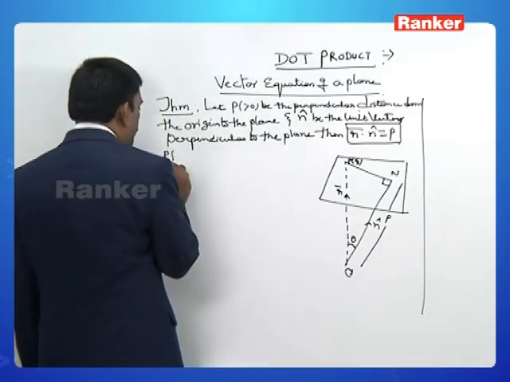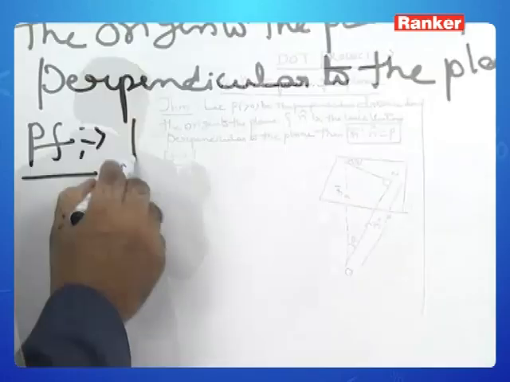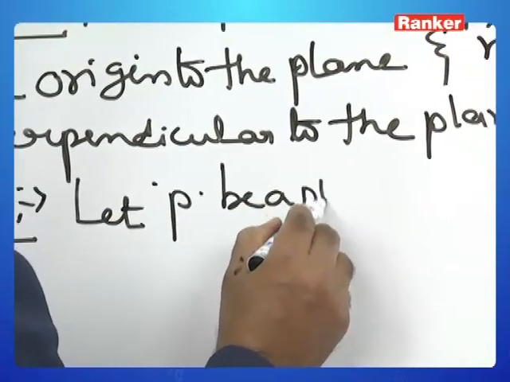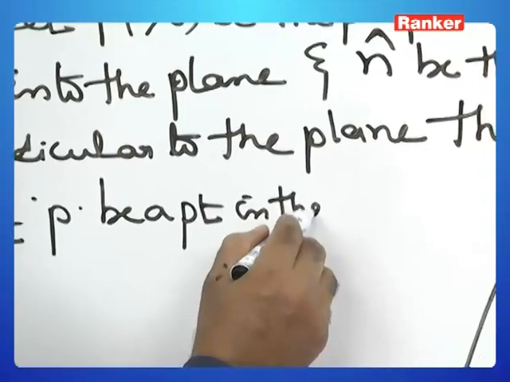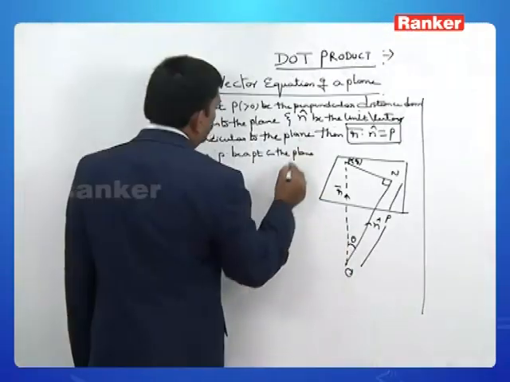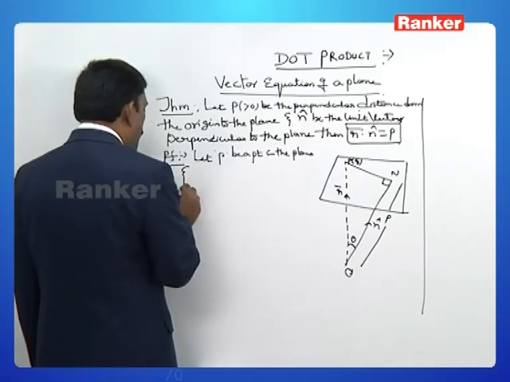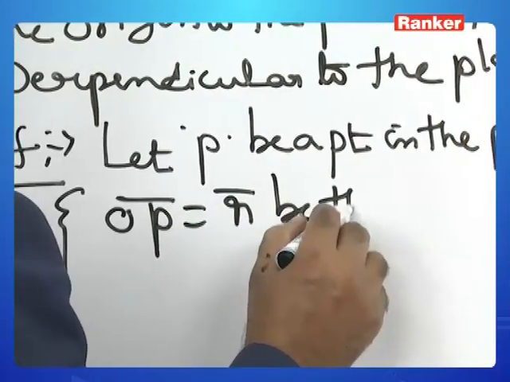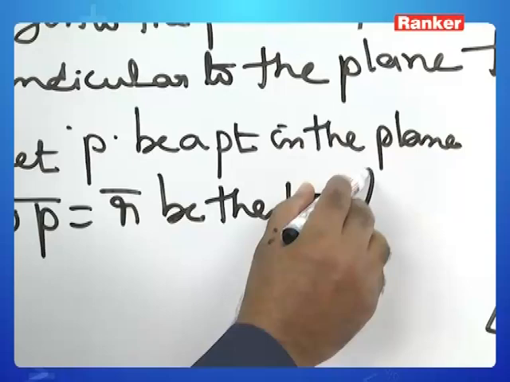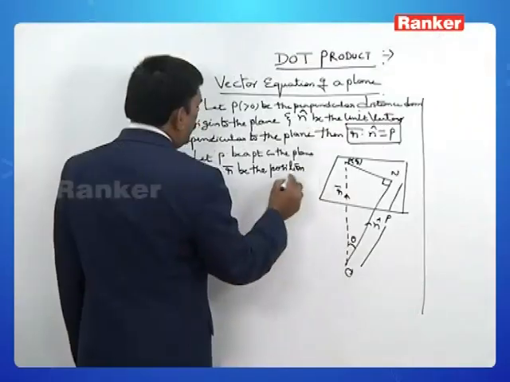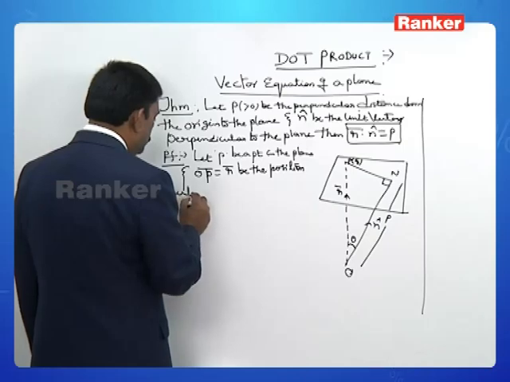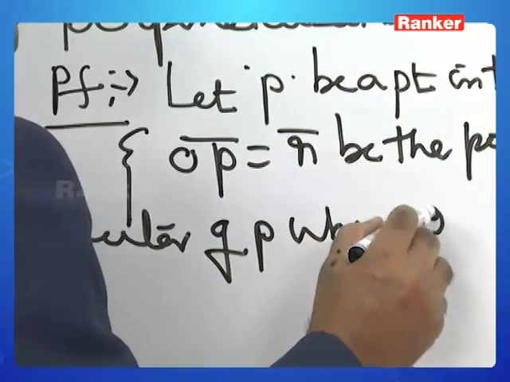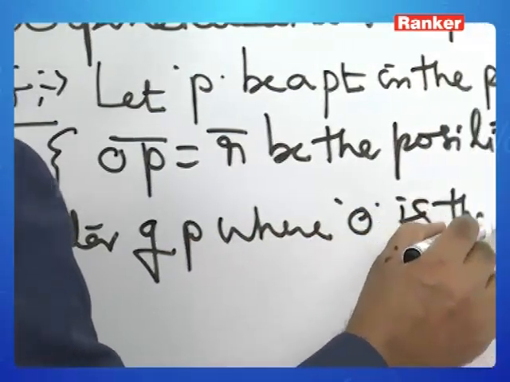Now I am going to start. The proof of this one is very simple. Let P be a point in the plane, and OP bar is equal to R bar be the position vector of P, where O is the origin.